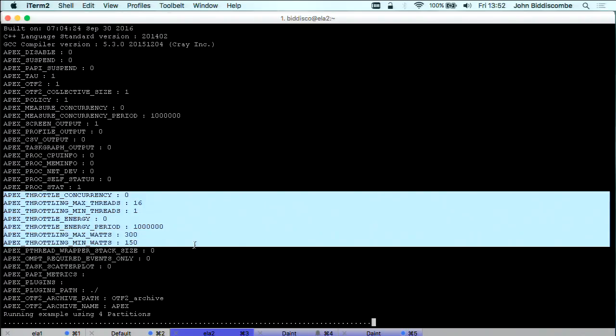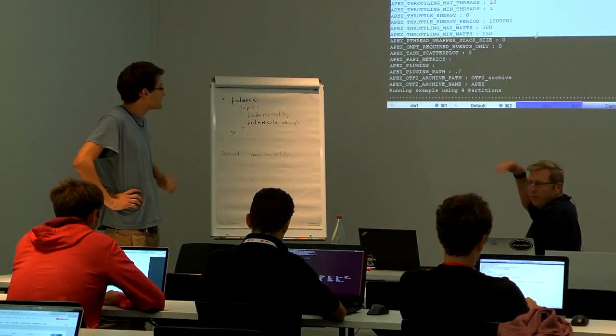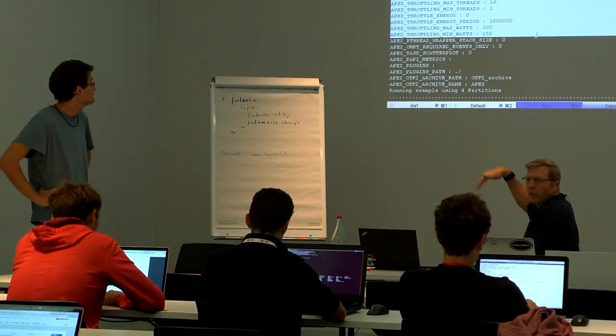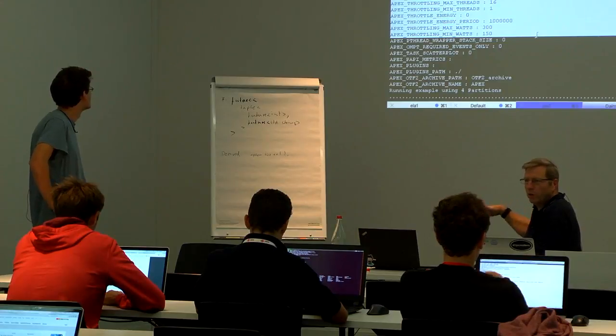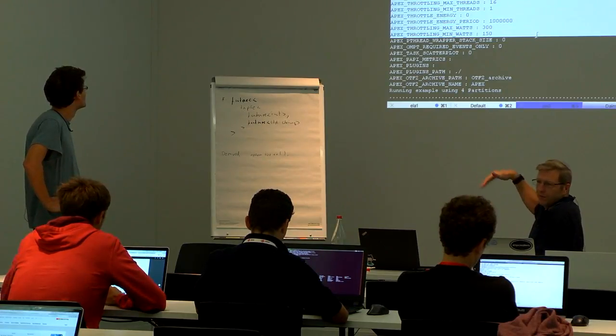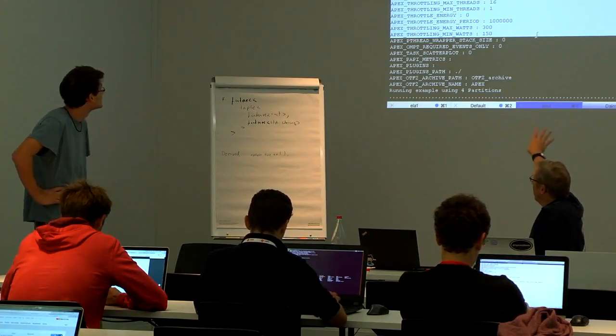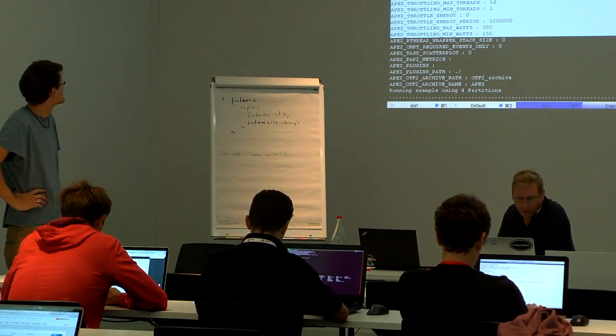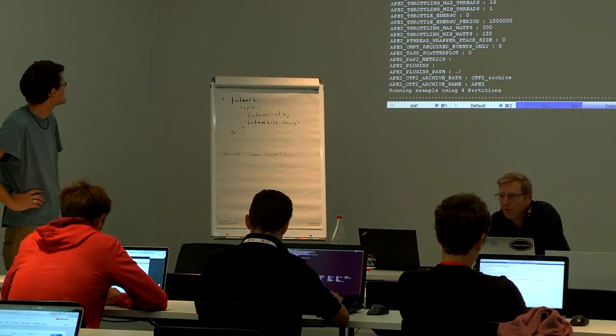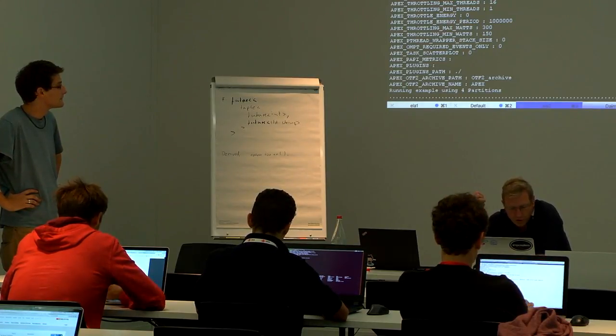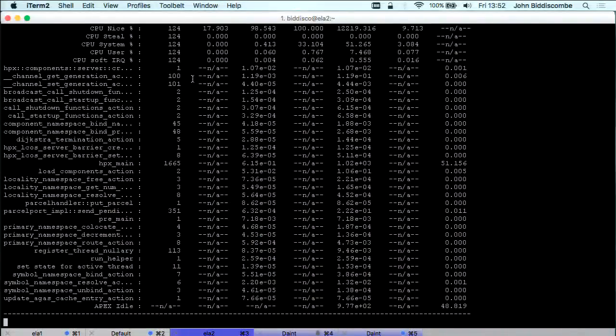You can also pass extra information and allow Apex to query the performance counters, and it can do throttling of things so that, for example, if you wanted to limit the amount of cycles or the power you're using. There's extra stuff coming out here. We're not touching that at all today, but if you're interested, the documentation, which is not very extensive, has some information.